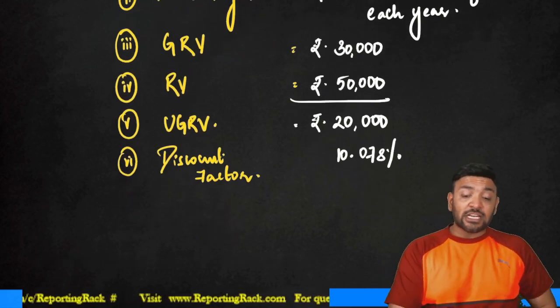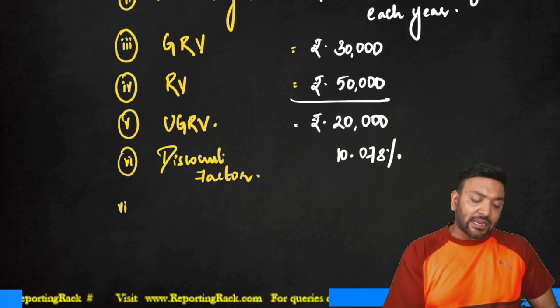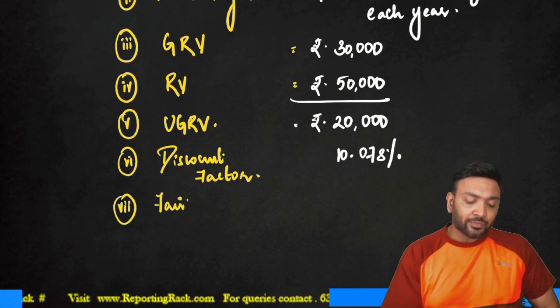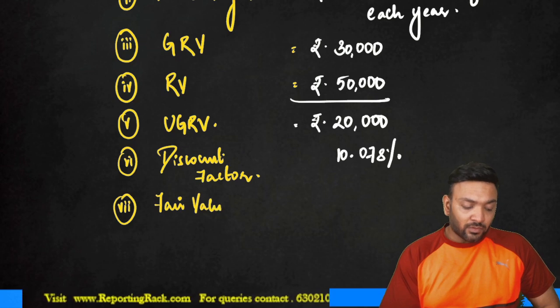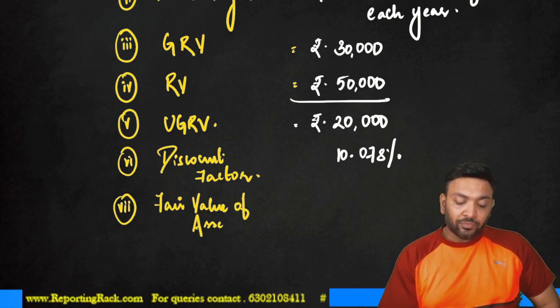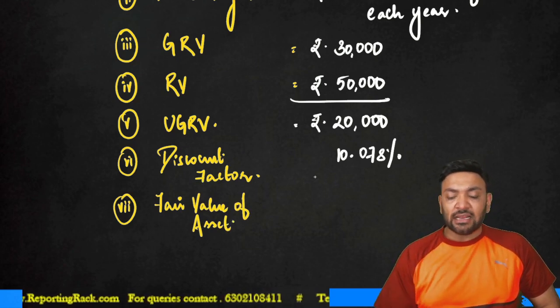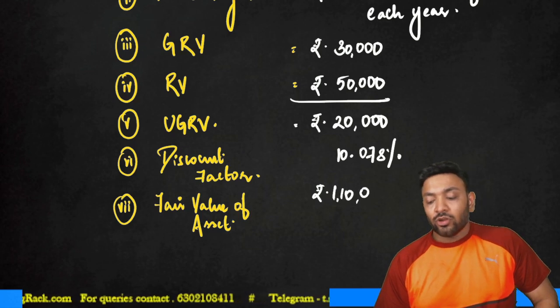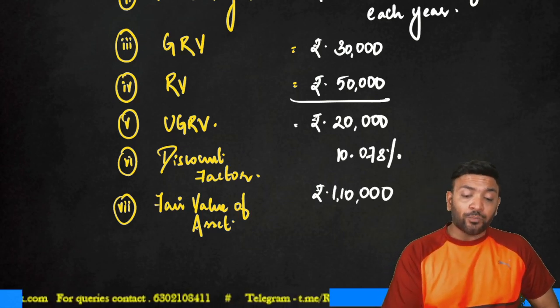Apart from this information, one more extra information he gave me is the fair value of the asset. My fair value of the asset is 1,10,000. He also gave me the carrying value.